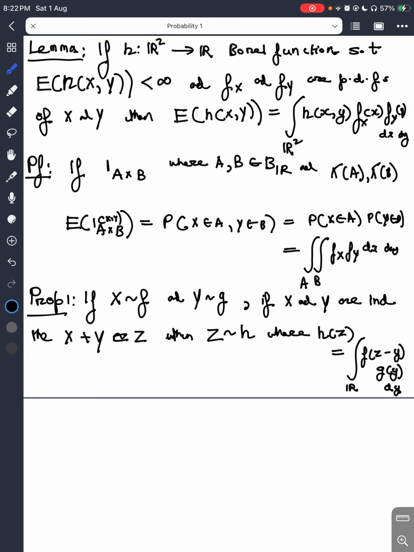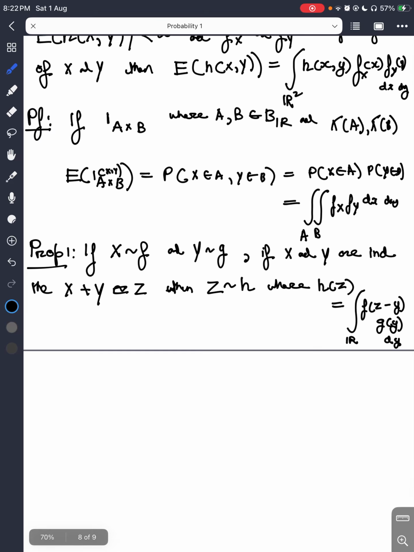An implication of this statement is that we take all PDFs on R and make this convolution operation. So this statement necessarily says that this is closed under the convolution operation.